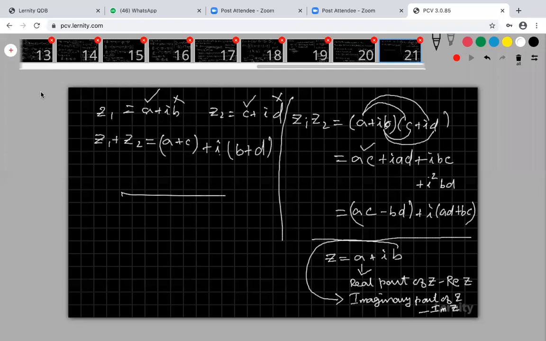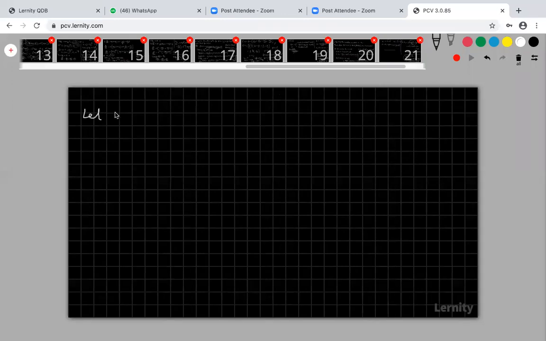So look at the question. The next question is, let Z1 equal to 2 minus I, Z2 equal to minus 2 plus I. Find number 1, real of Z1 into Z2 divided by Z1 bar.